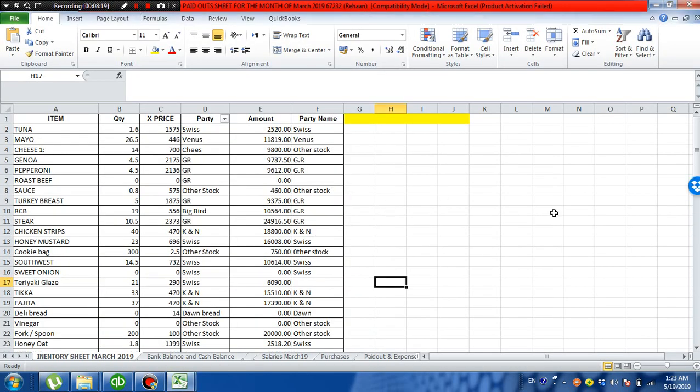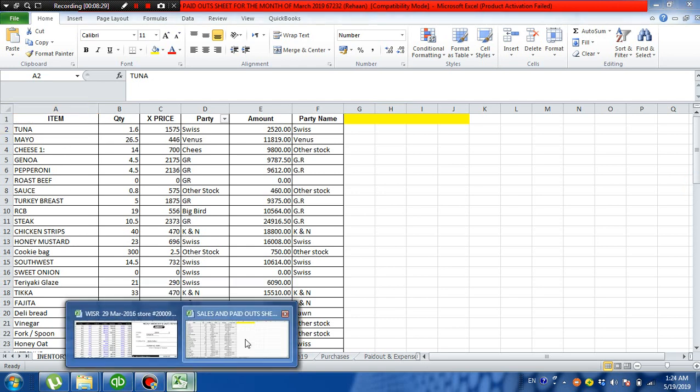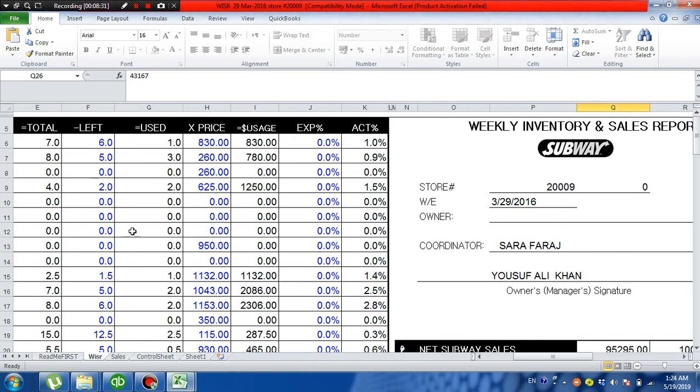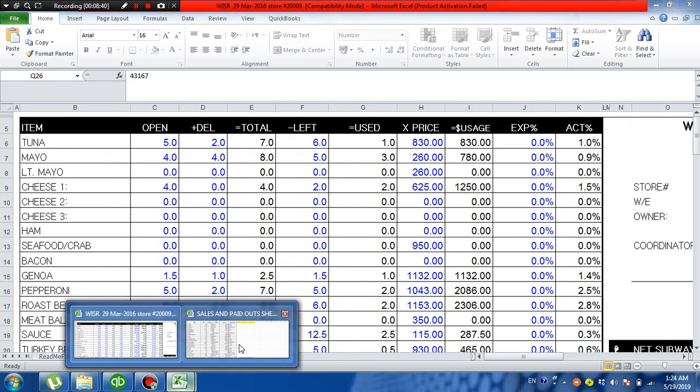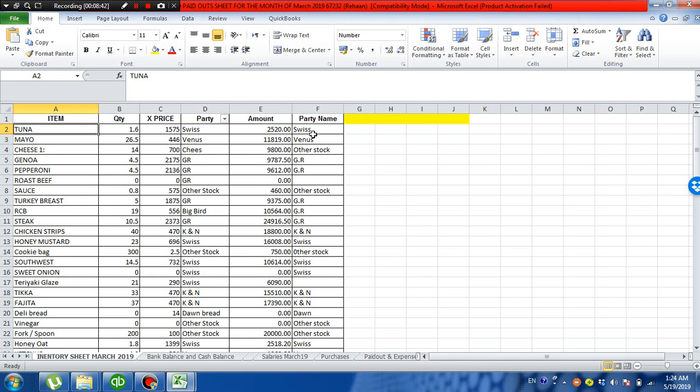Now look at this sheet, this inventory sheet. This is the month end inventory of March 2019. Look at those items, the same items which we have once seen in our weekly report. It is also starting from this tuna item, and the inventory that we have taken on the month end has the same inventory items.